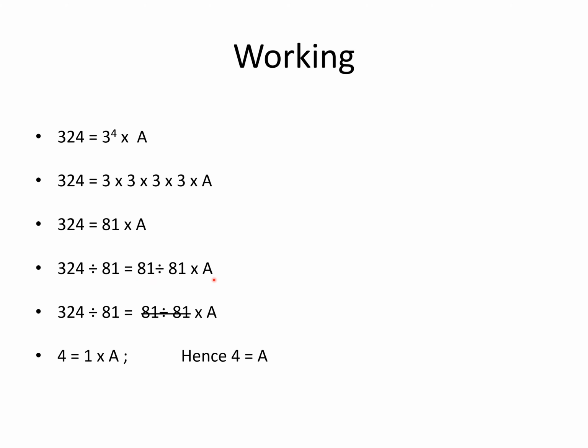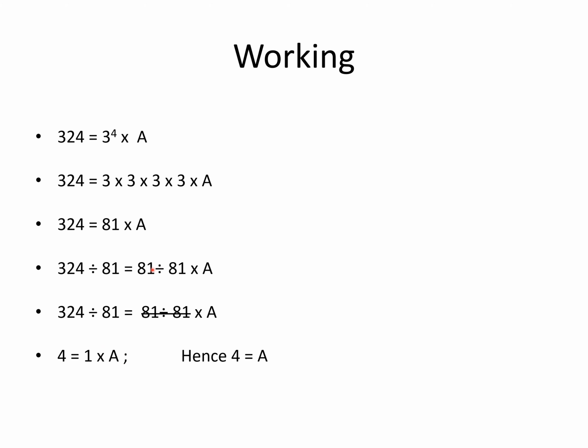And to find a, in this case where we have a multiplication, we divide 81 by itself, and that will give us 1. And 1 times a is going to equal 1a. So we are sure of this side, we want to get 1a, and 1 times a is equal to a.